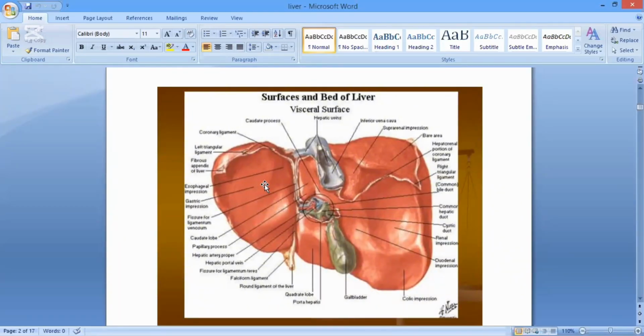I told you one thing before, that the caudate lobe and the quadrate lobe are anatomically part of the right lobe, but functionally they are part of the left lobe.